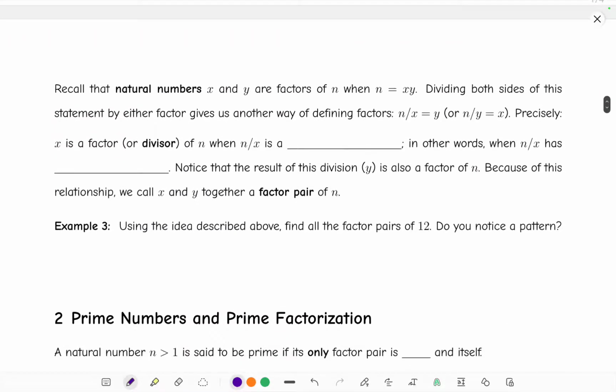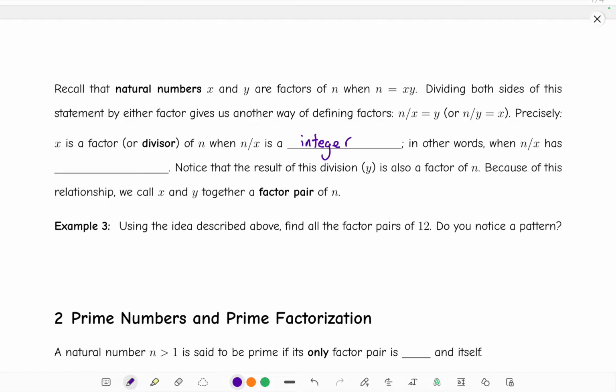Recall that natural numbers x and y are factors of n when n equals x times y. Dividing both sides of this statement by either factor gives us another way of defining factors: n divided by x equals y, or n divided by y equals x. Precisely, x is a factor or divisor of n when n divided by x is an integer.